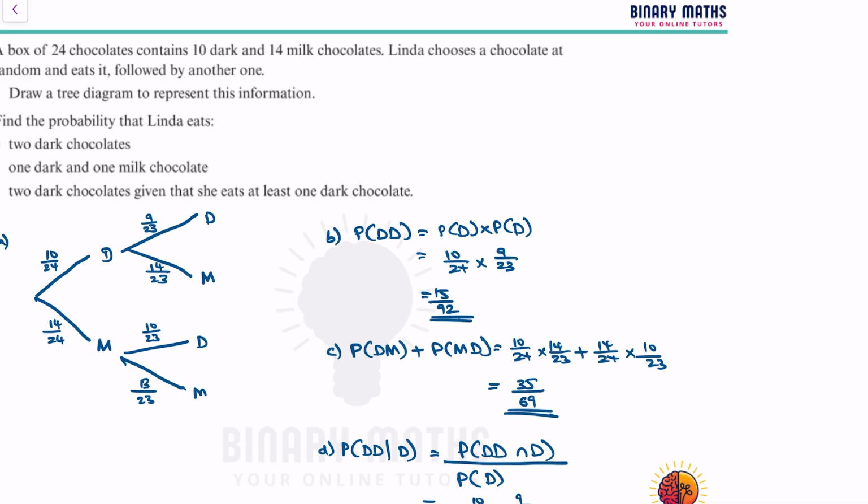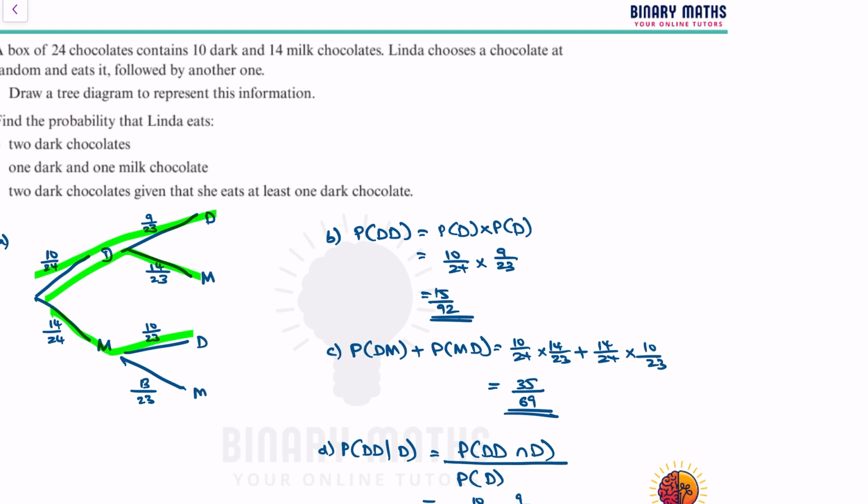Now, probability of getting at least 1 dark means you've got 3 different ways you can get that. You can get this way, and that way. So all these 3 different ways you can get at least 1 dark chocolate. So it's going to be 10 out of 24 times 9 over 23 plus 10 out of 24 times 14 over 23 plus 14 over 24 times 10 out of 23.